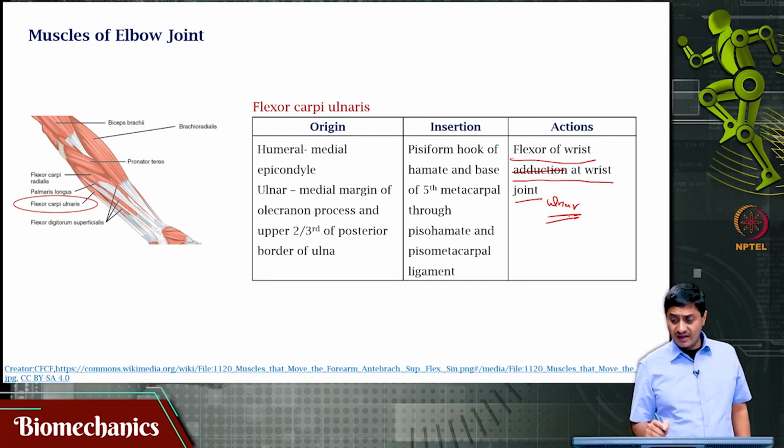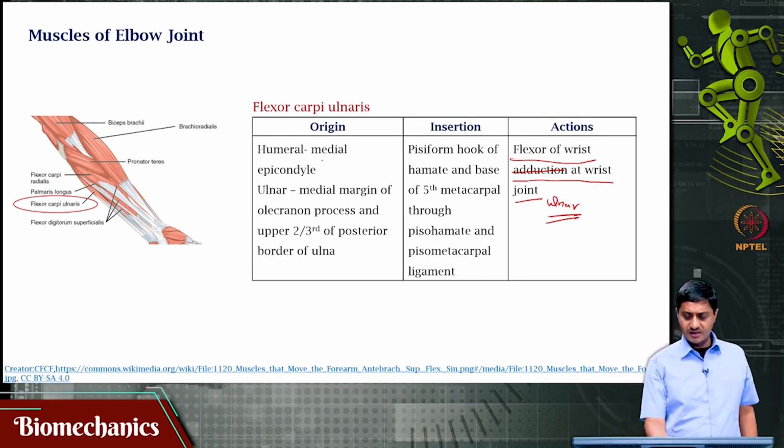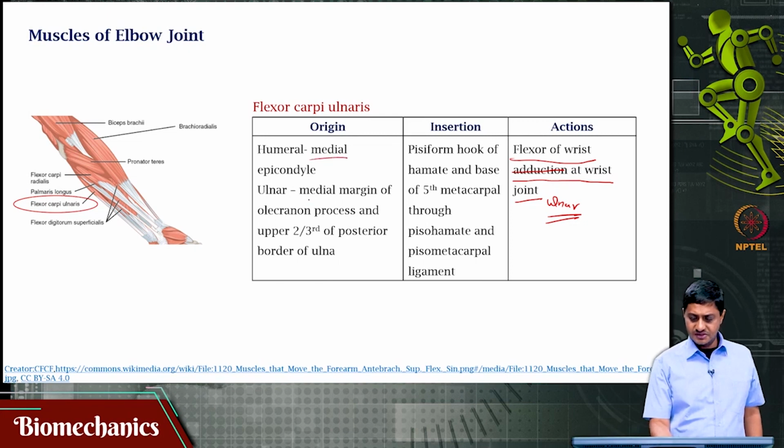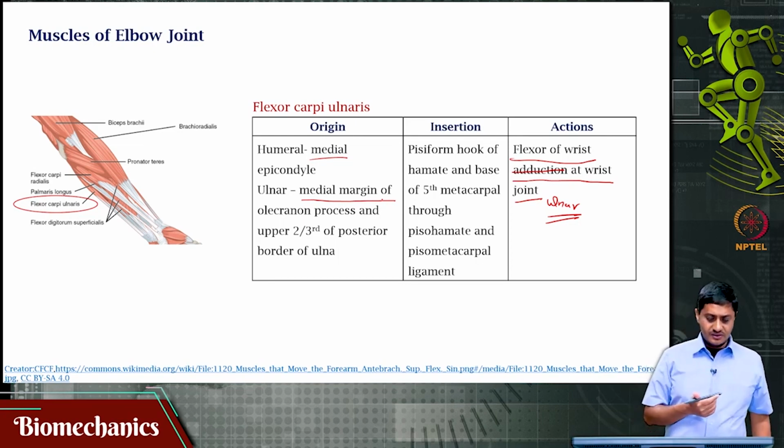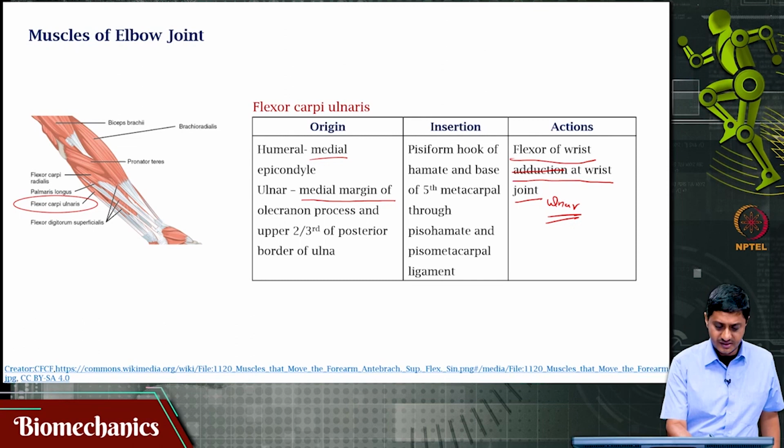That makes sense because this is a muscle that attaches across the ulna, right. So, the humeral origin is at the medial epicondyle, the ulnar origin is at the medial margin of the olecranon process. So, you know it starts here, right. This is the flexor carpi ulnaris muscle.